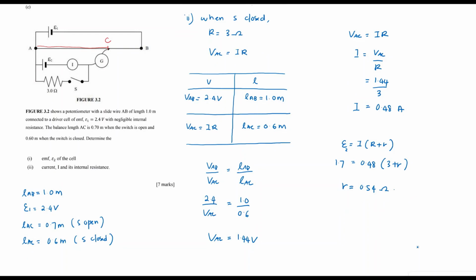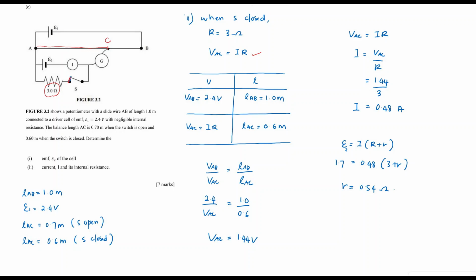For question C2, when S is closed, we know that R equal to 3 ohm. So VAC equal to IR. So use the tabulation method. So VAB equal to 2.4 volt when LAB equal to 1 meter. And when VAC equal to IR, LAC equal to 0.6 meter.